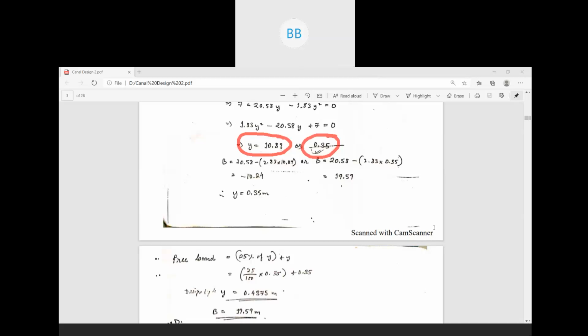So people are getting the same value. For each y value, you try to find out the width of the channel.